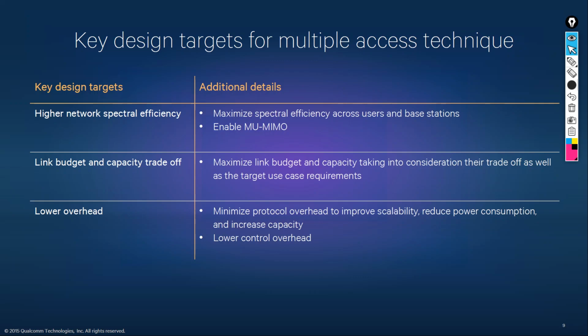Link budget and capacity trade-off. We need to maximize it so that we increase the coverage range. Lower overhead. We need to reduce it as much as we can, because overhead increases the complexity of the network. We need to minimize the protocol overhead to improve scalability, reduce power consumption, and increase capacity.